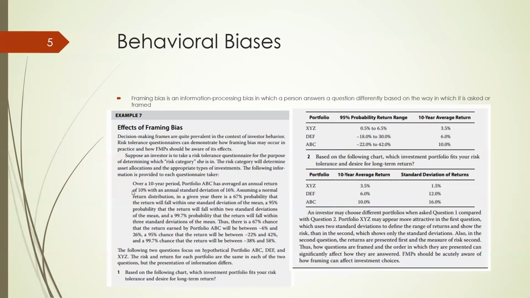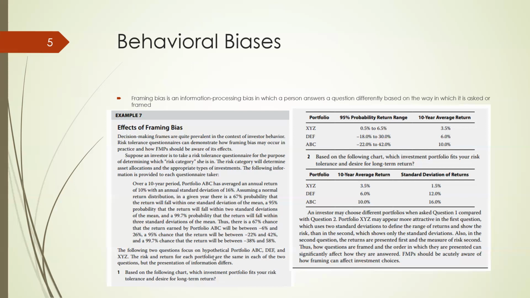So for ABC, it is 10 plus 16, that is 26, and 10 minus 16, that is minus 6. 10 plus 2 times 16 is 42, and minus 22. And 10 plus 3 sigma. So these are the returns under the normal distribution. So 99.7%, almost 100%, the return will be between minus 38 and 58%.